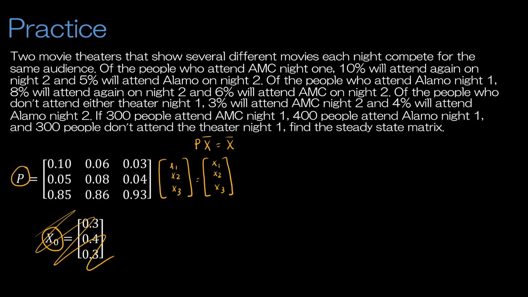So this is 0.1x1 plus 0.06x2 plus 0.03x3 is equal to x1, which means if I subtract x1 from each side, this is now going to be negative 0.9x1, and this is going to be 0.